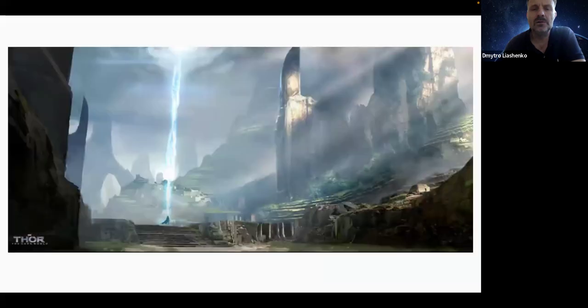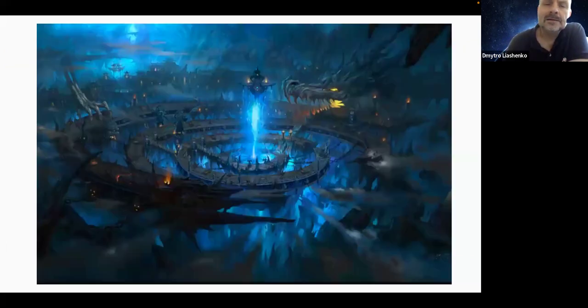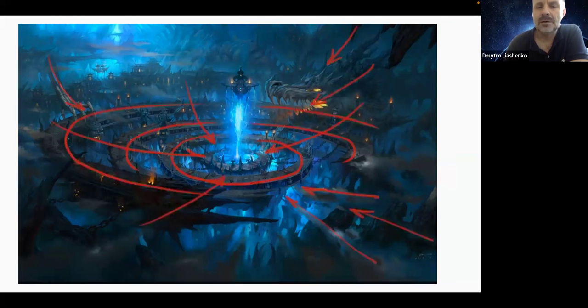Figure of a girl, figure of a warrior, maybe Thor, a Scandinavian god of lightnings. Figures and forms give us attention to some point of the picture.